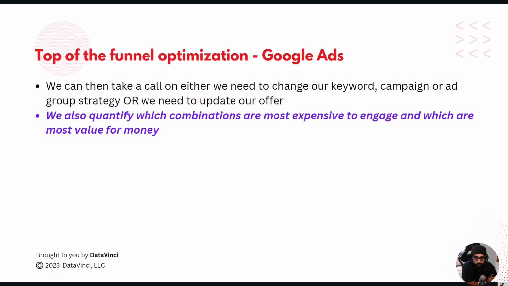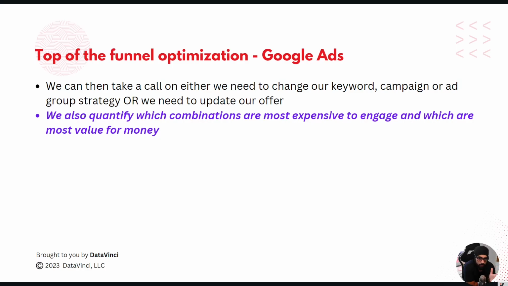Okay. So you need to quantify which combinations are most expensive to engage and which are the most value for money, right? So you now know that you have a certain offer, you have a certain positioning in the market, you have a certain value proposition.